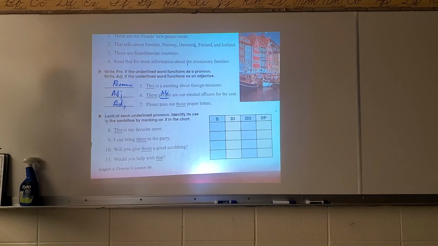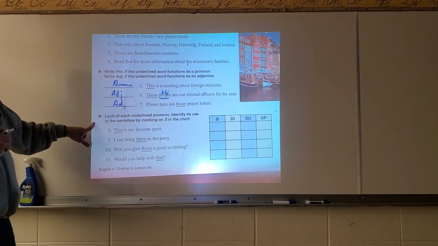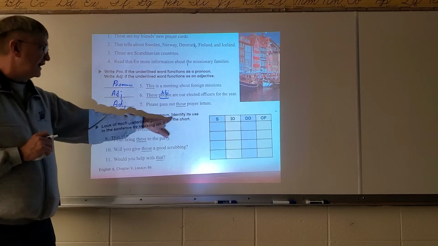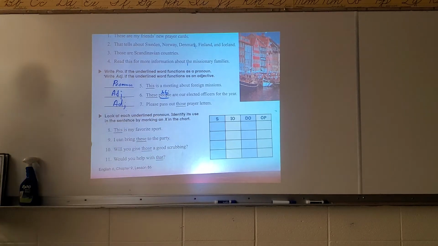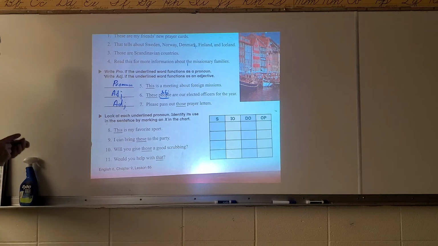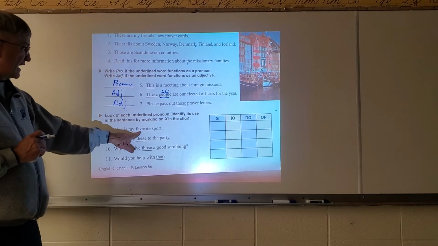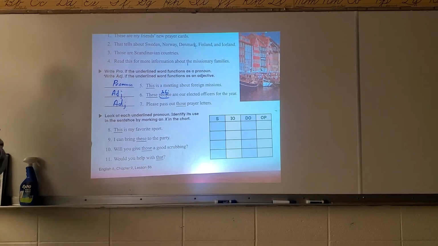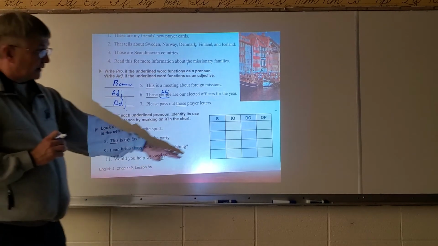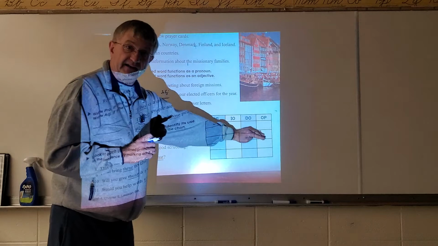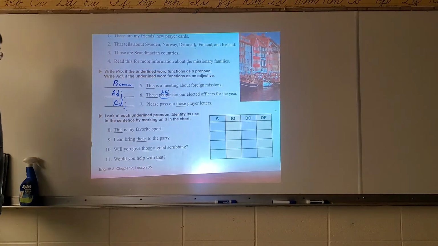That was an oops. All right, now, look at each underlined pronoun and identify its use in the sentence by marking an X in the chart. This is my favorite sport. All right, so you're going to take a look, and I'll probably put these in multiple choice like I did with the reflexive and intensive pronouns.